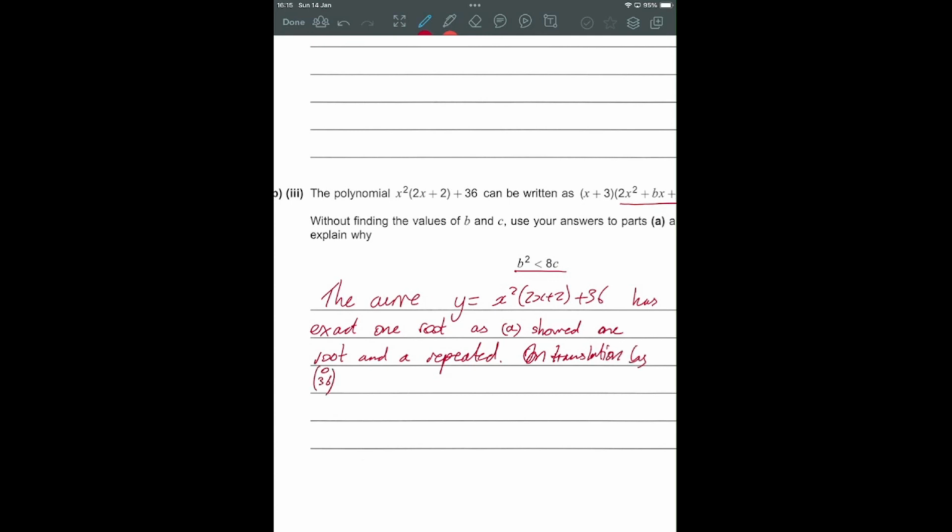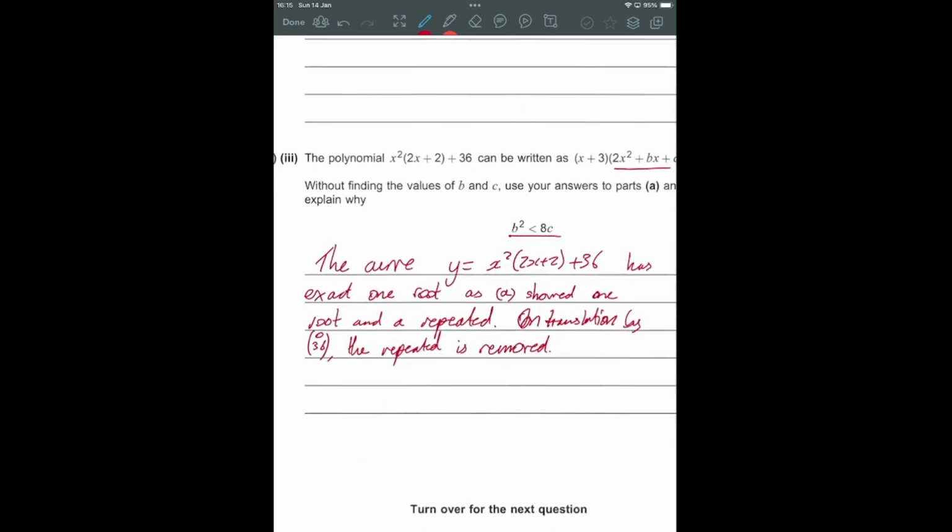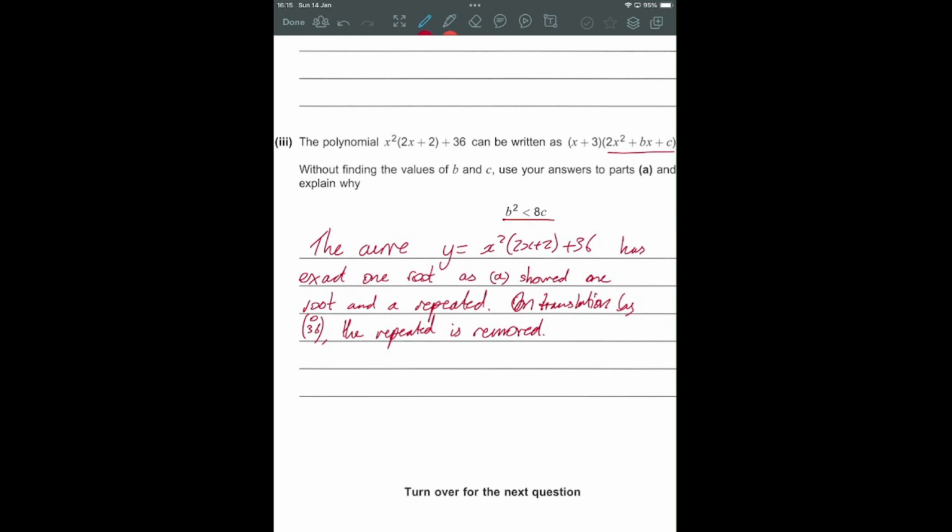I'm now including the b double i part. The repeated root is removed. So I've excessively explained why this curve has one root, which is going to imply that the 2x squared plus bx plus c factor has no roots, because I already have a root from the x plus 3 bracket.